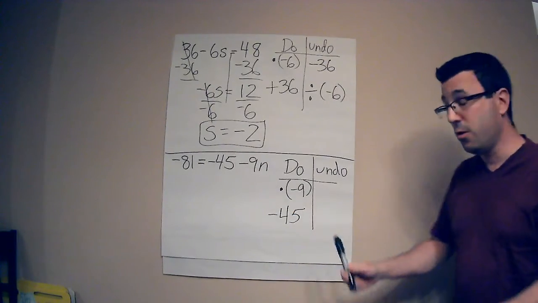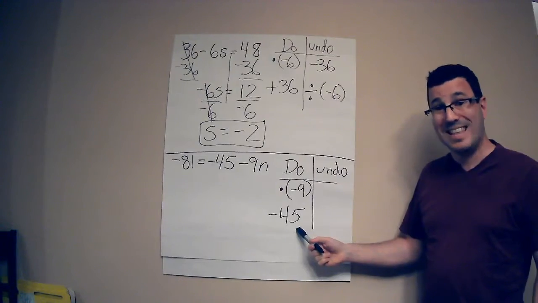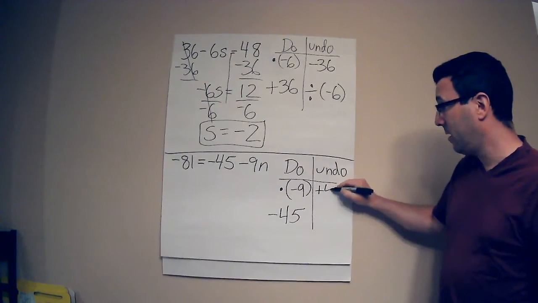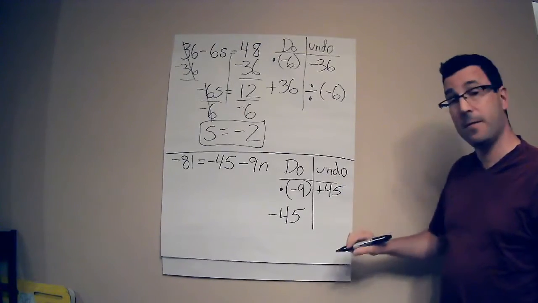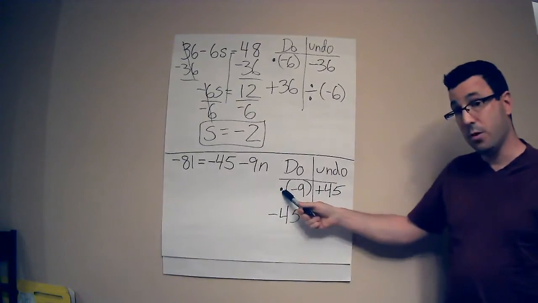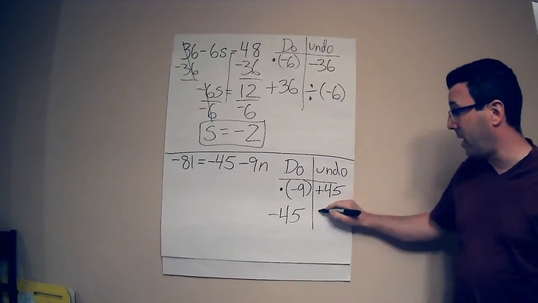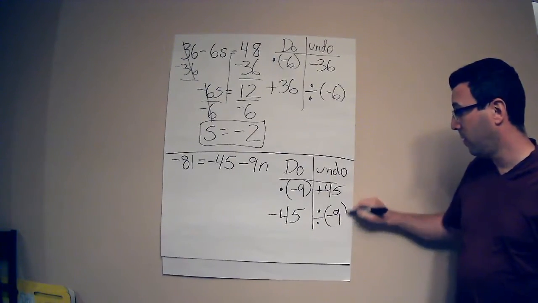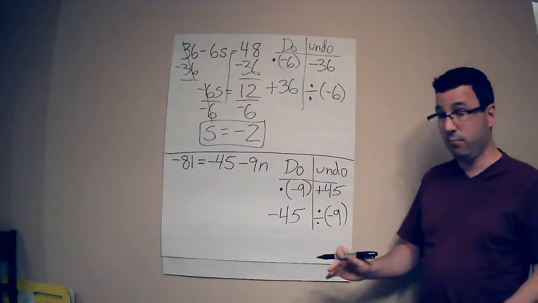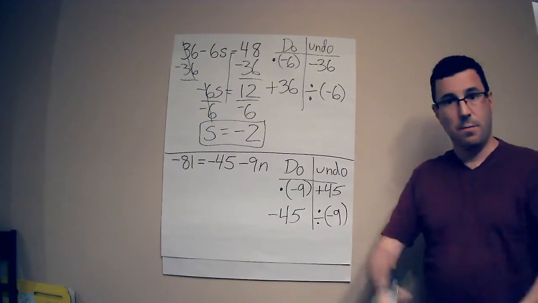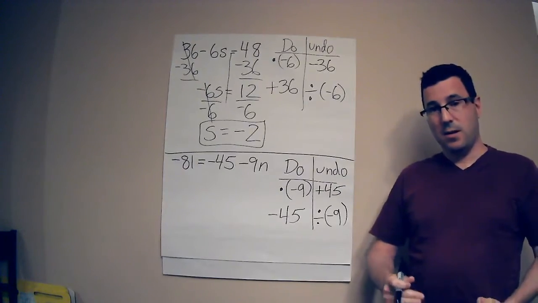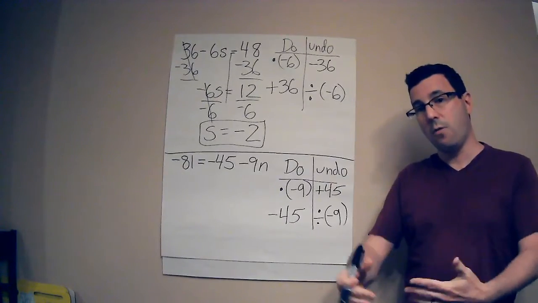How do we undo? Start with the last thing we did. Negative 45, its opposite is plus 45. We're multiplying, so we have to divide by negative 9. See, the pattern, the way we solve these, it's the same method. I'm going to be doing the same thing over and over.